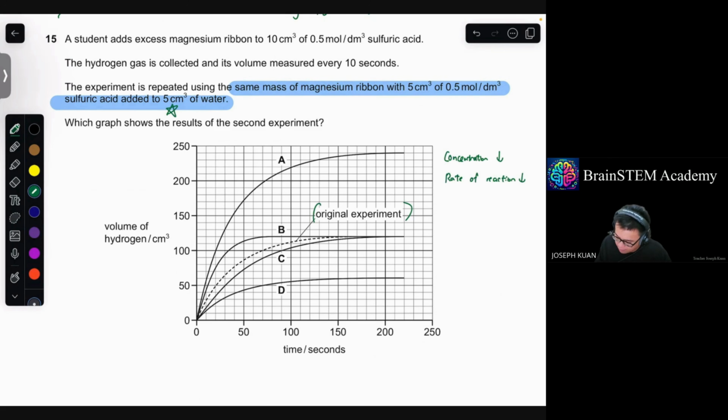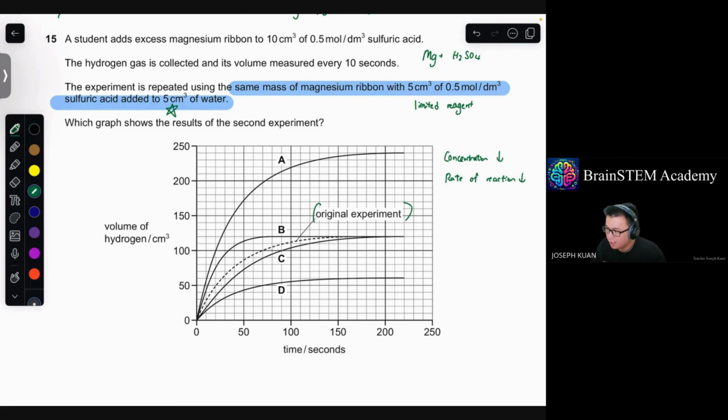And at the same time, you should think of it as there's limited reagent now, because you must understand that magnesium reacts with the acid, not the water.